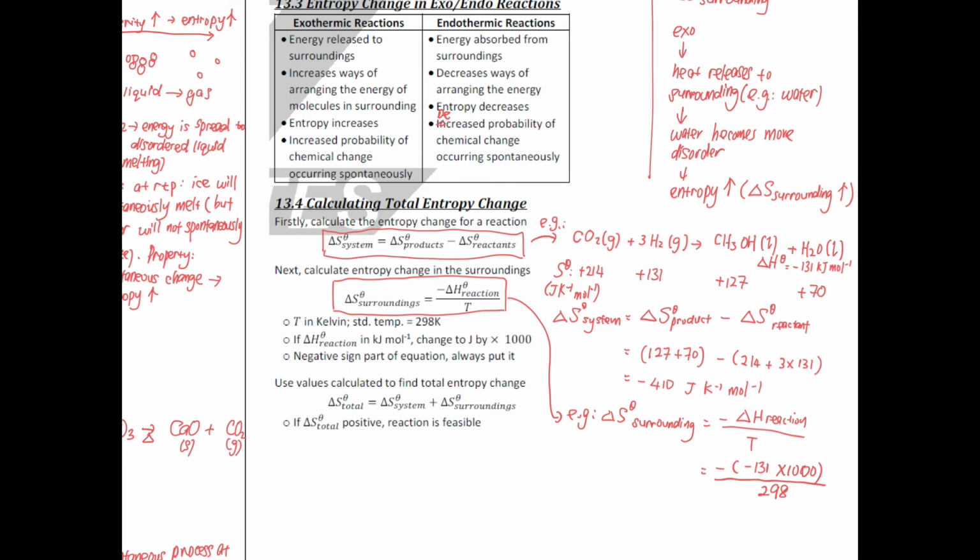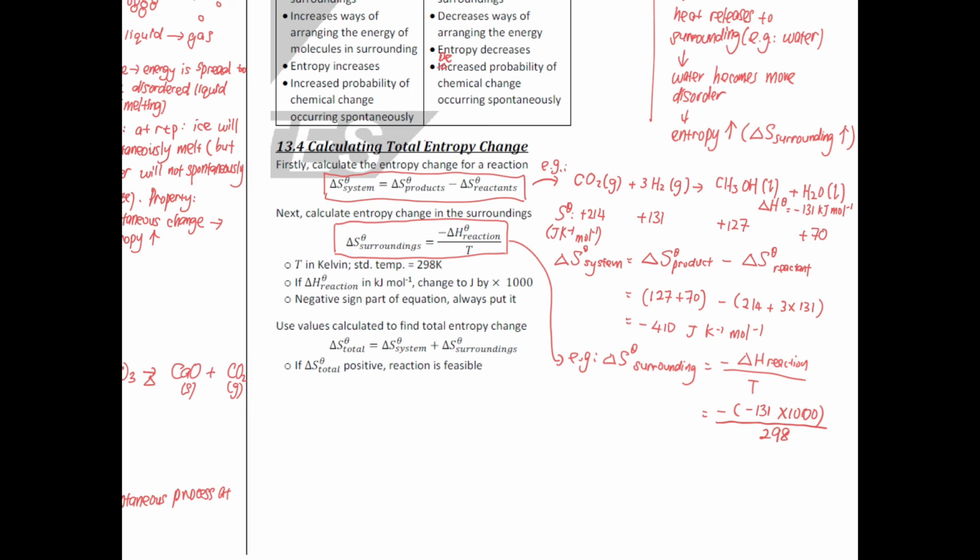Now if we count this, you will get 131 times 1000 divided by 298. Let me write down the value first. You will get 439.6 joule per Kelvin per mole.